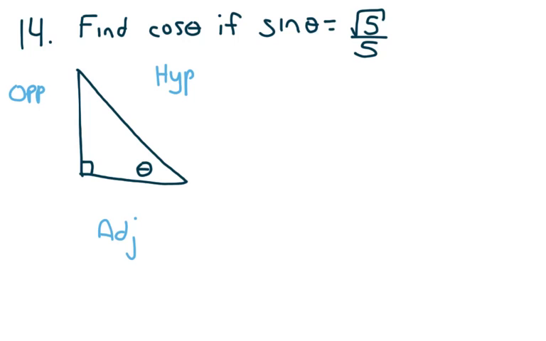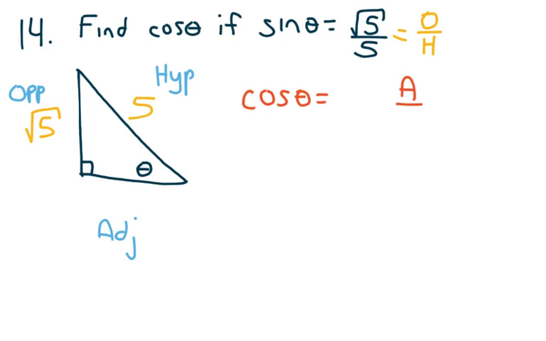So I know that sine is opposite over hypotenuse. So my opposite side is going to be square root of 5, and my hypotenuse is 5. The other information I know is that cosine is adjacent over hypotenuse.